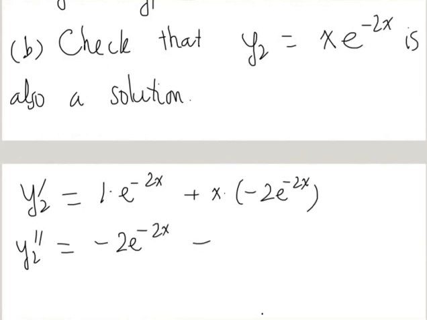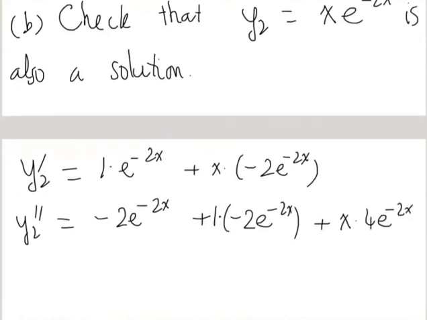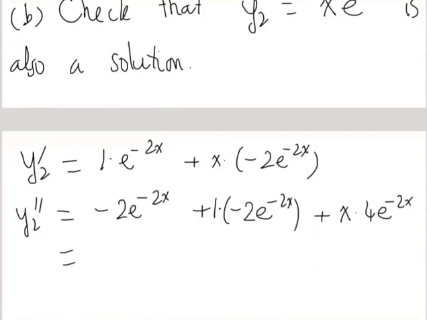And product rule here, we have plus minus plus 1 times minus 2 e to the minus 2x plus x times the derivative of this, we get 4 e to the minus 2x. We can simplify this. This is just 1 times this, so the same. So minus 4 e to the minus 2x plus 4x e to the minus 2x.